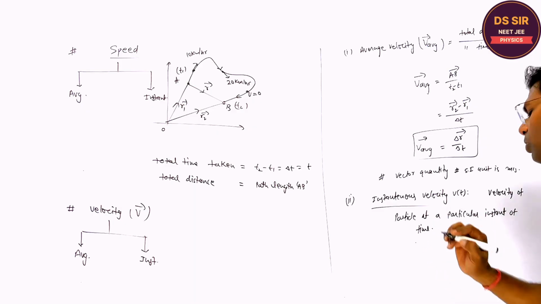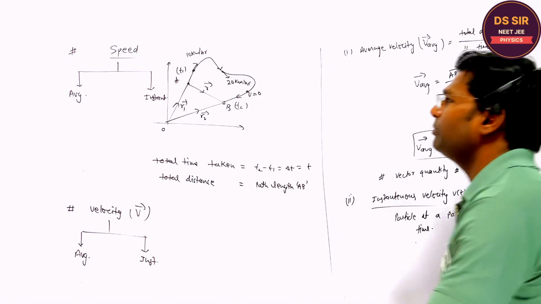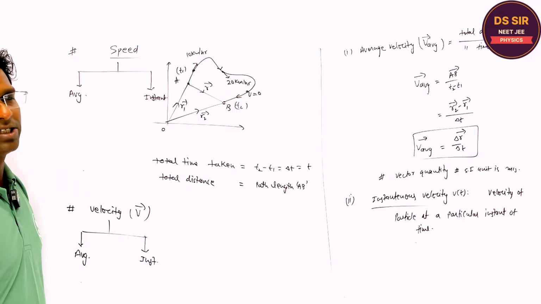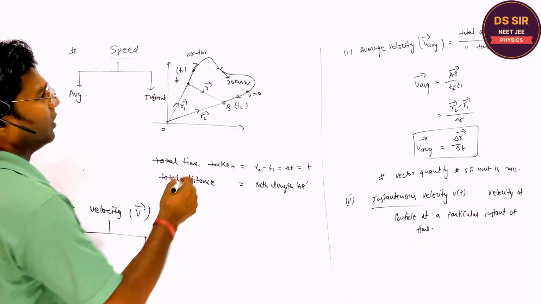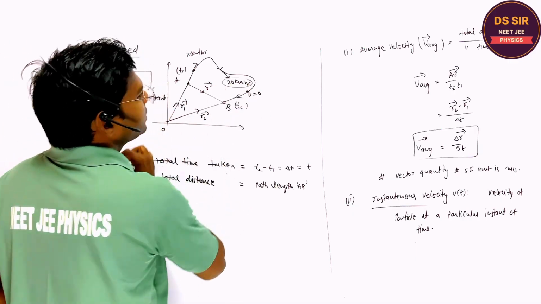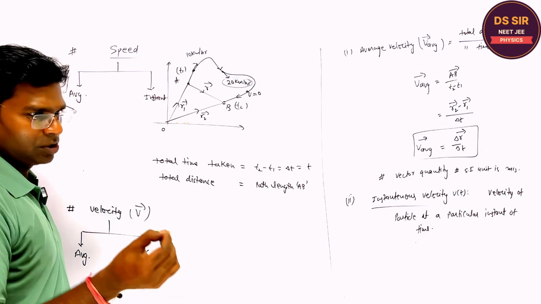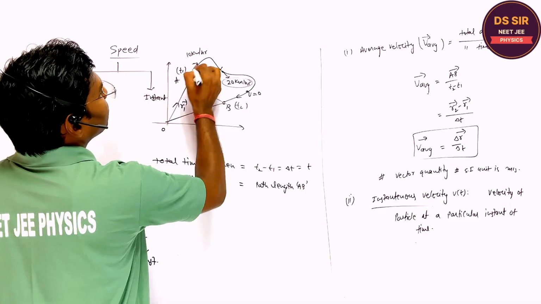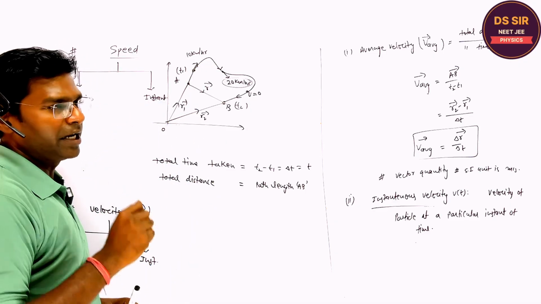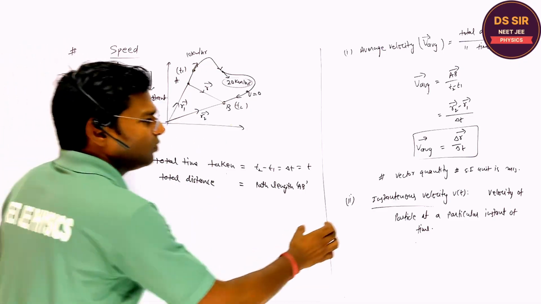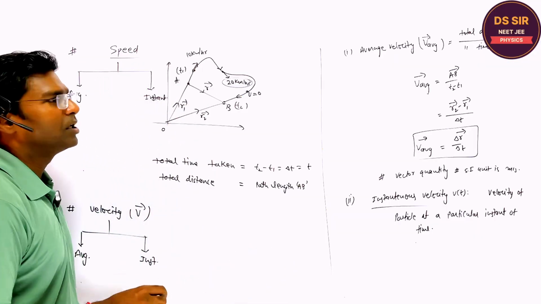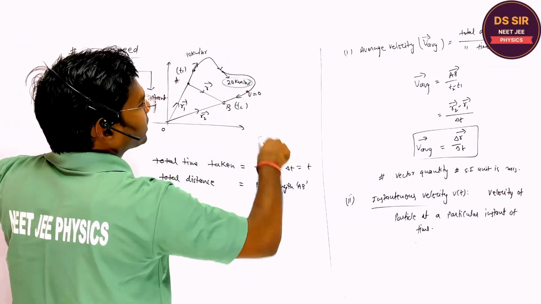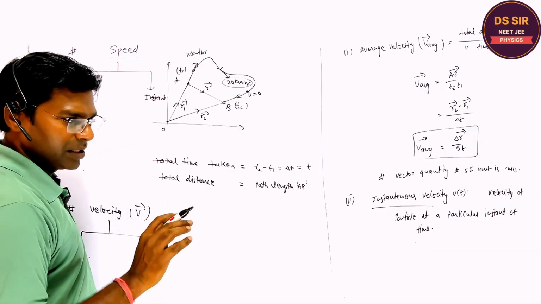Listen, mathematically also we can define it. What is the difference between the instantaneous speed and the instantaneous velocity? For example, here the instantaneous speed is say 20 km per hour. At this point, the instantaneous speed is say 10 km per hour. But if you write the instantaneous velocity together with its magnitude, you have to give the direction also. Is it clear or not?